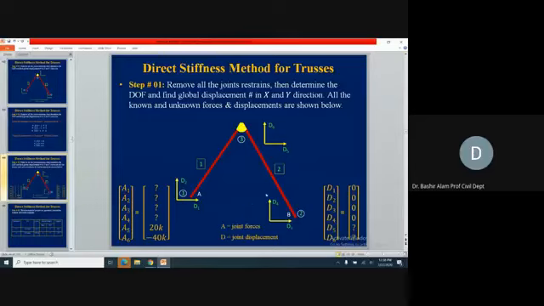Now the action matrix, A1, A2, A3, A4. You should be looking at the cursor. These are unknowns because these are the support reactions. A5 and A6: A5 corresponding to D5 is 20.